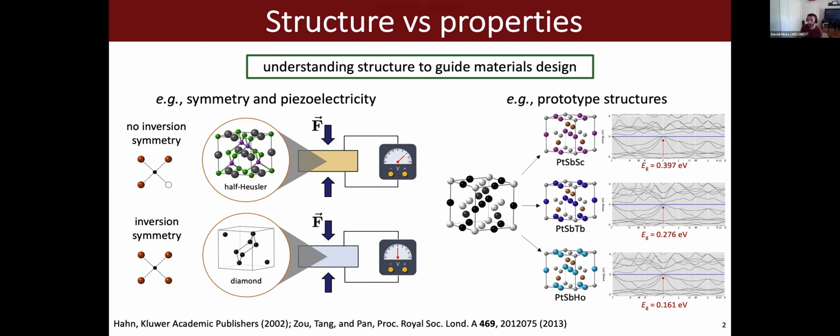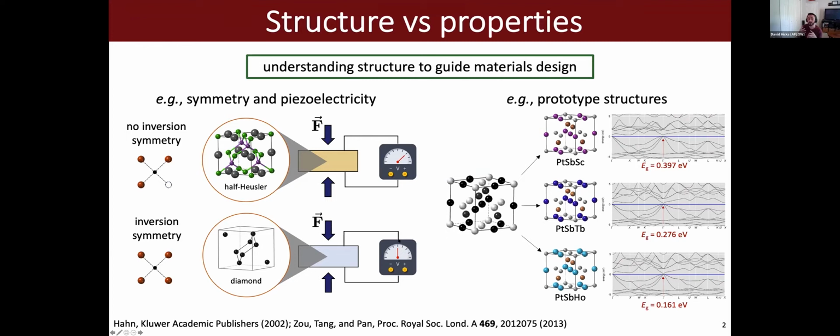There's no inversion symmetry, and so you might observe voltage across the material. However, if you have a material like diamond, which does have inversion symmetry, then if you were to apply that same force, you wouldn't observe a net voltage across the material.